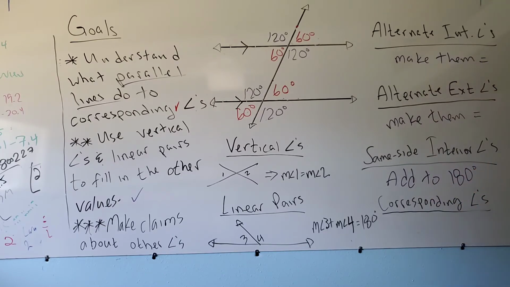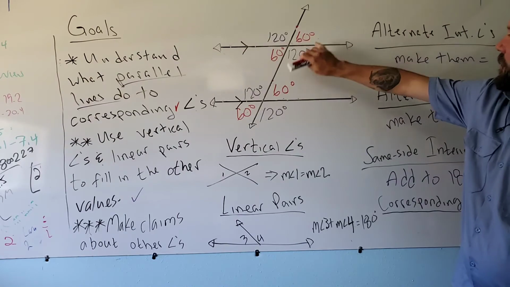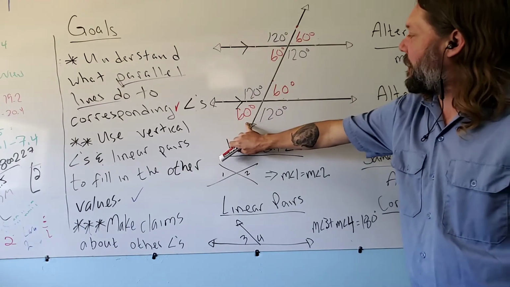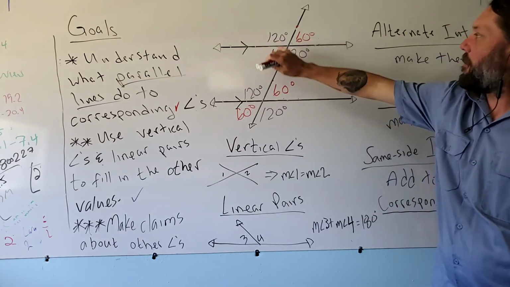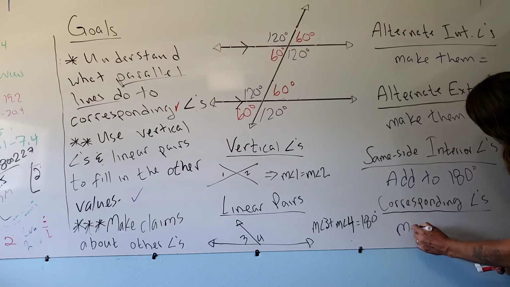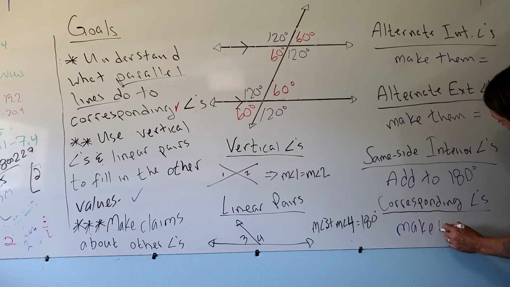And the last type of angles, corresponding, remember, angles in the same position: top right are 60 degrees, bottom right are 120 degrees, bottom left and bottom left are 60 degrees, and top left and top left are 120 degrees. So parallel lines make the corresponding angles equal. This only happens when the lines are parallel.